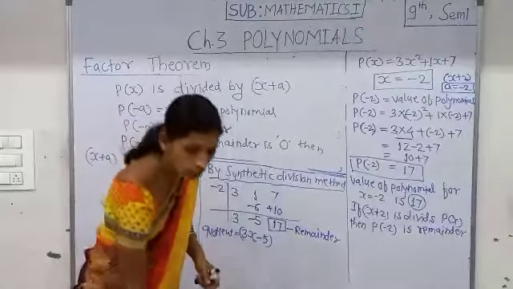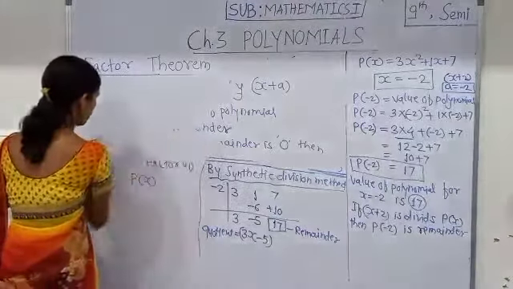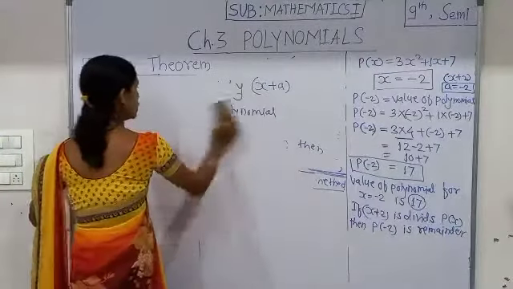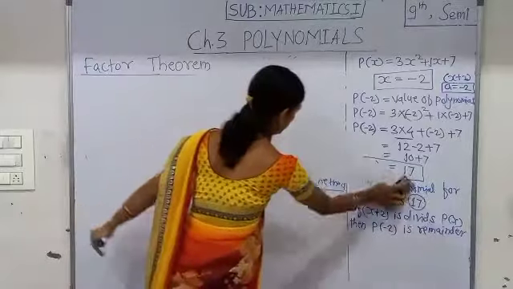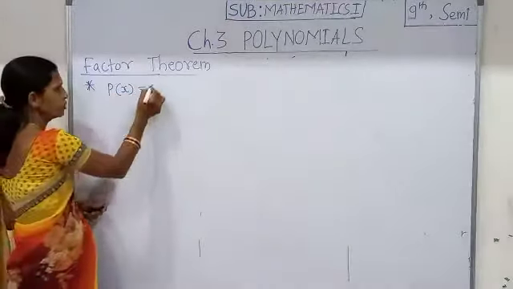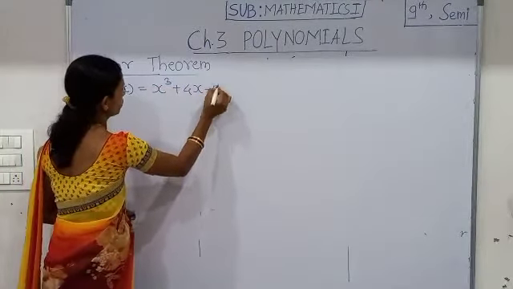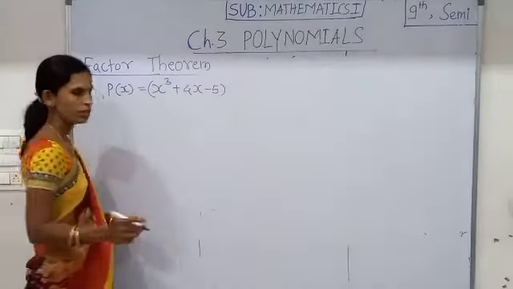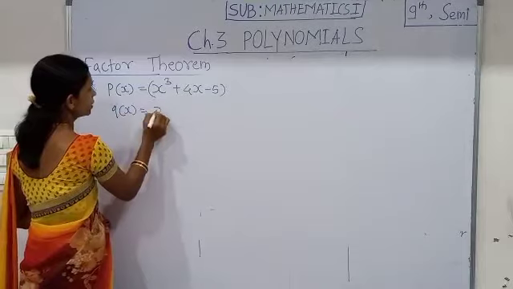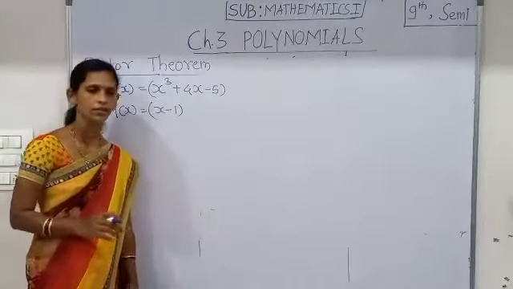Then we will solve a few examples which are based on the remainder theorem as well as the factor theorem. Let p(x) be the example given here, x cube plus 4x minus 5, which is divided by x minus 1, and x minus 1 is the divisor.